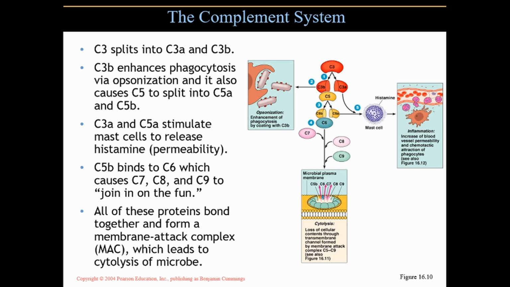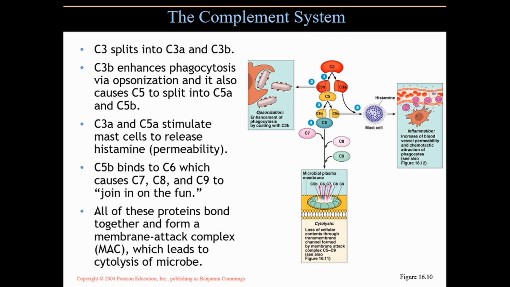What happens then in the next step, C3a and C5a, they stimulate mast cells to release histamine. And then you can see those two joining together there, where C5 is split, the yellow guy there, into C5b and C5a.